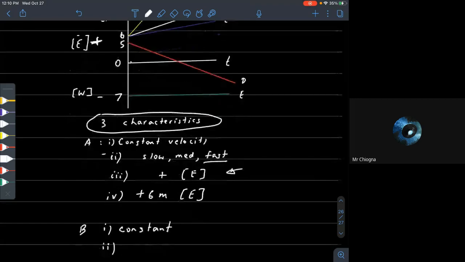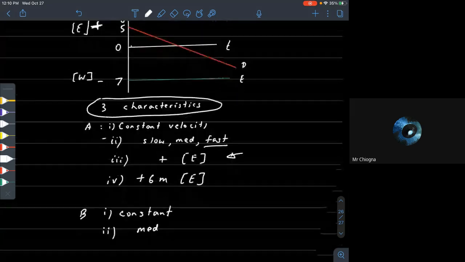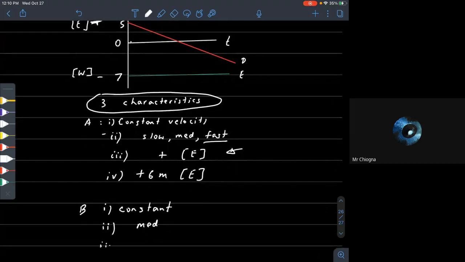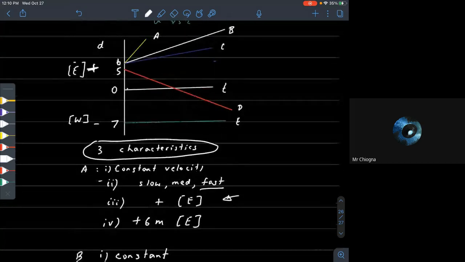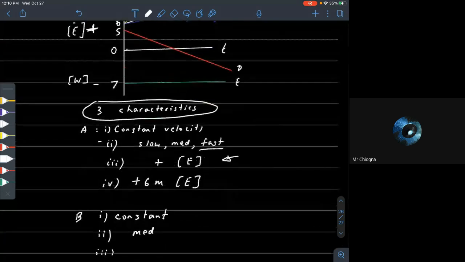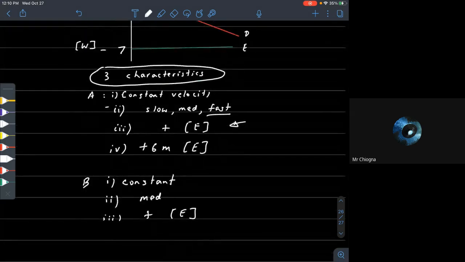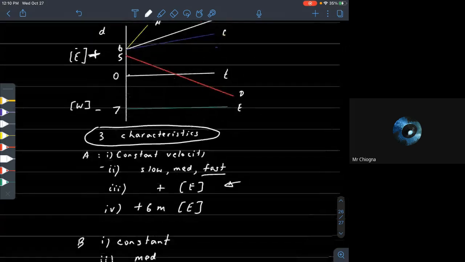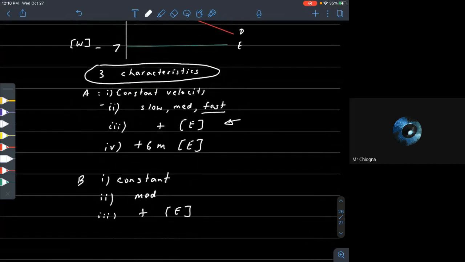It's somewhere in between, medium. It's a medium slope. Third, it's got a positive or negative slope. Positive. So put both. Another way of saying that is the person's moving towards the east. And the starting position is the same, 6.